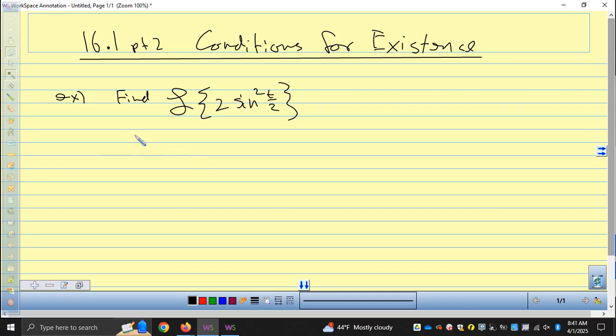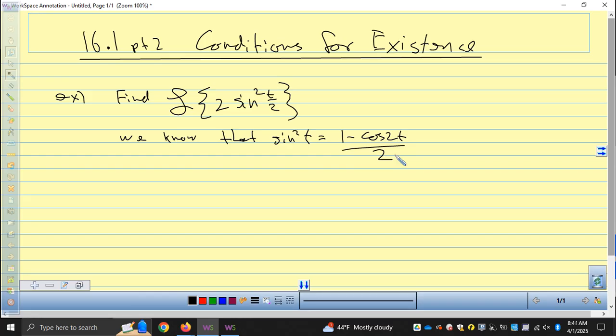So I'm going to say we know that sine squared of t is 1 minus cosine 2t over 2.